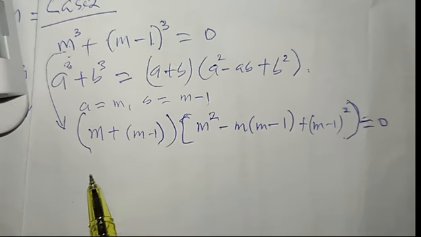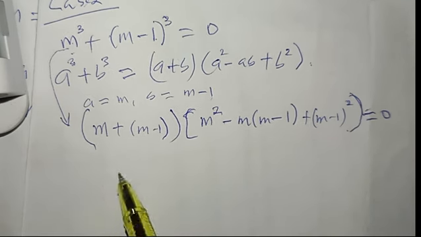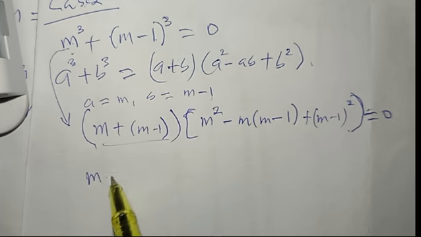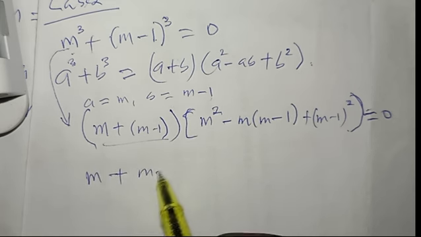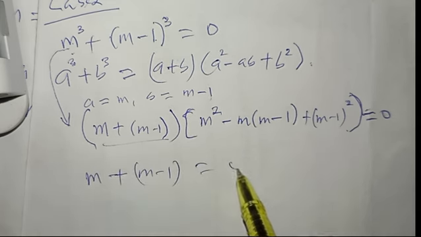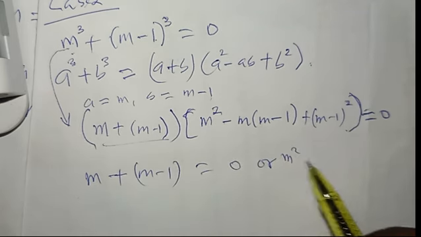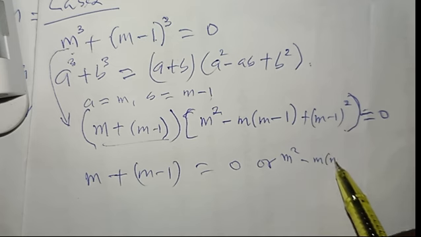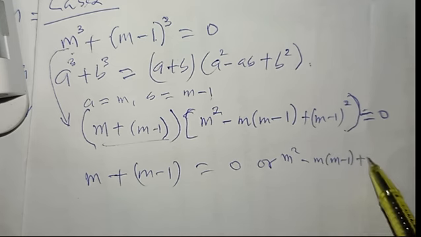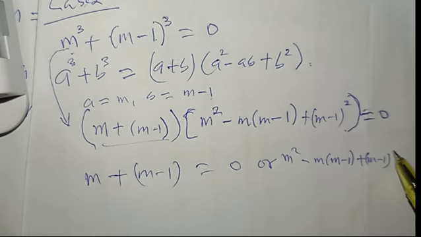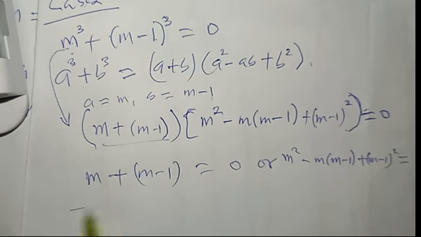Okay, so using the zero product rule, I'm going to pick this one. So m plus m minus 1 is equal to 0, or the second one, which is m squared minus m into m minus 1 plus m minus 1 squared is equal to 0. So I'm going to solve this one first.